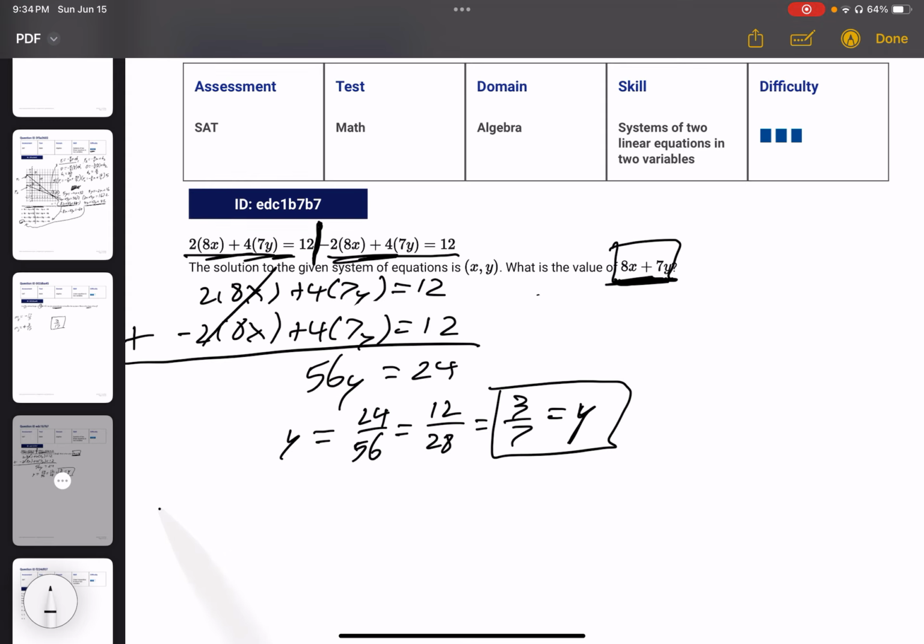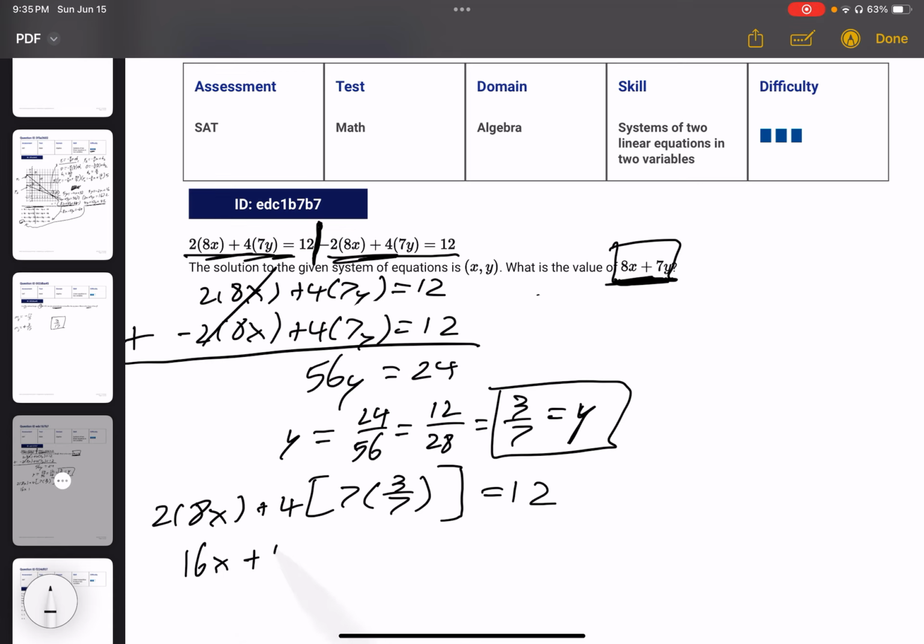So we go 2 times 8x plus 4 times 7 times 3 over 7 is equal to 12. So we have 16x plus 4 times 3, since the 7s cancel.